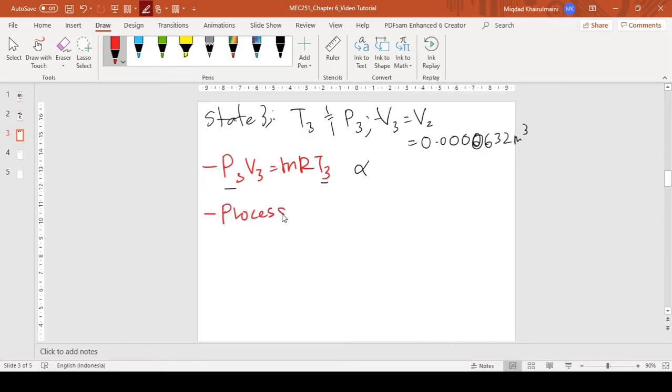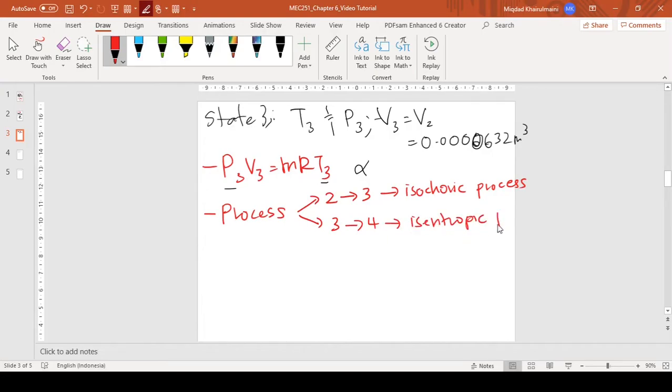There are two processes involving state 3. The first process is from state 2 to state 3, which is the isochoric process, and then we have from state 3 to state 4, which is the isentropic process.